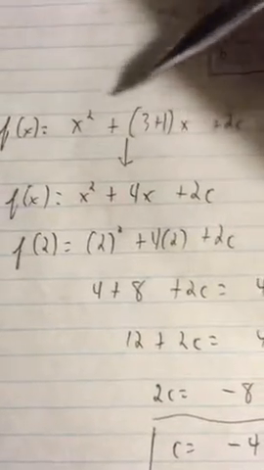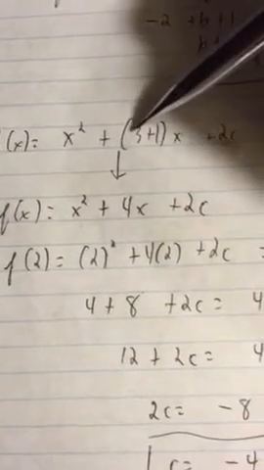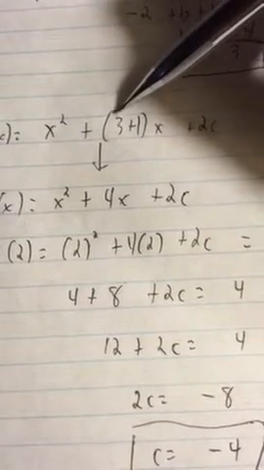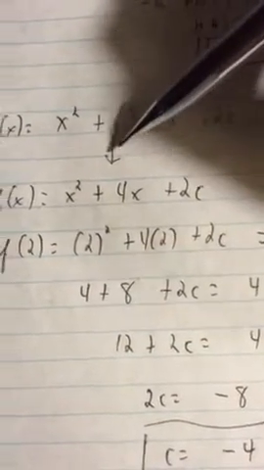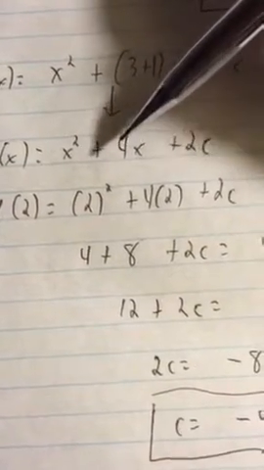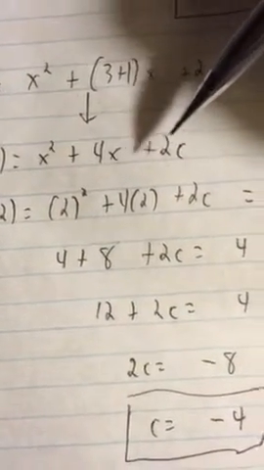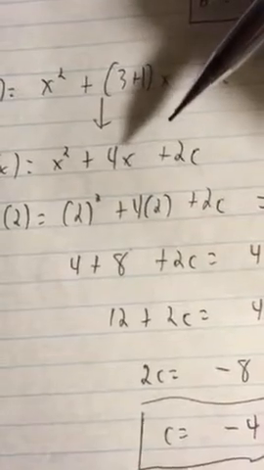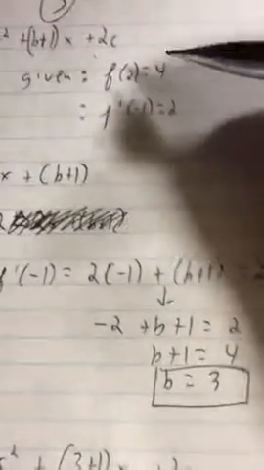So here it is. There's the original equation with b plugged in, where b is 3. Simplified out, it's now x squared plus 4x plus 2c. And now we're going to plug in the numbers that we know. X equals 2, y equals 4.